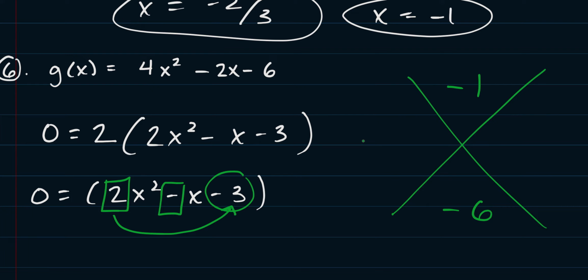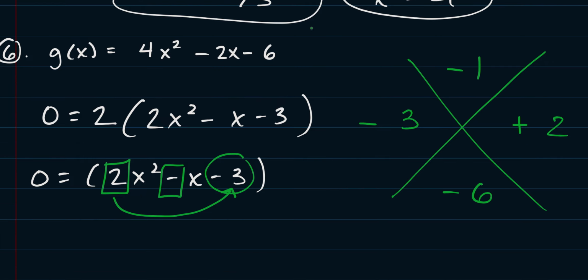Remember, one has to be negative, one has to be positive, because that's the only way to get a -6. A negative times a positive is a negative. At the same time, they have to add to give me -1, so the absolute value of the negative number has to be bigger than the other one. So -3 and 2 will work. Multiply them together, they give you -6. Add them, you get -1.